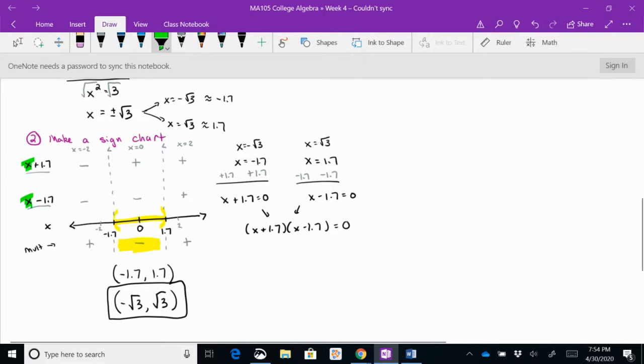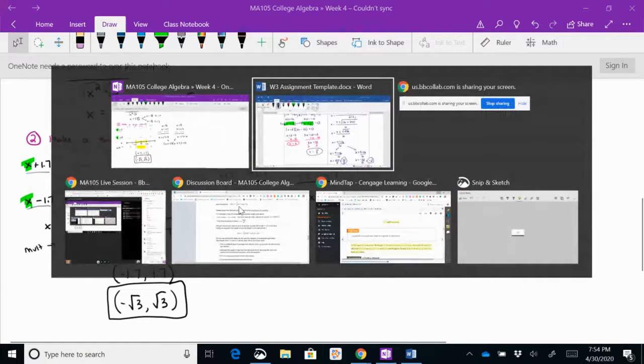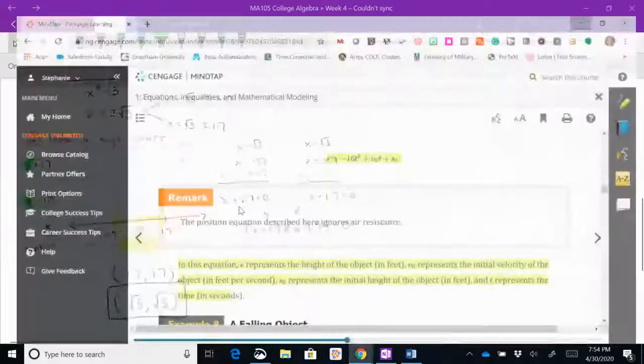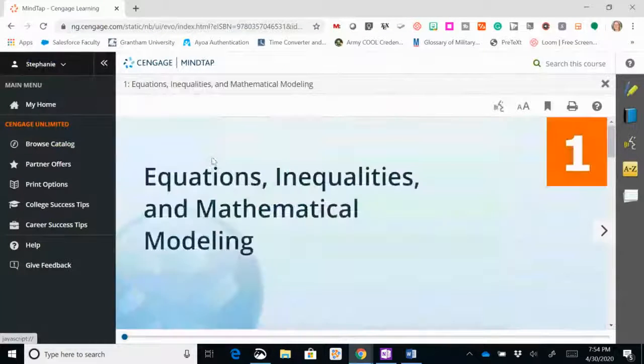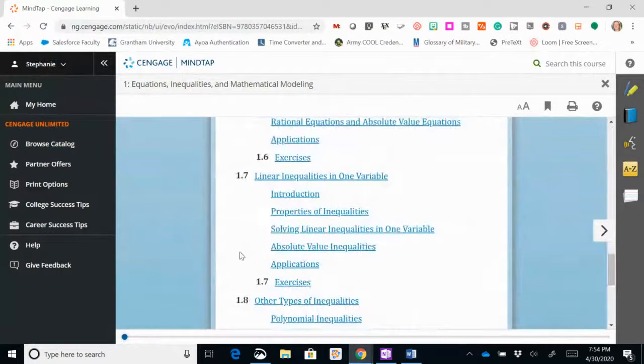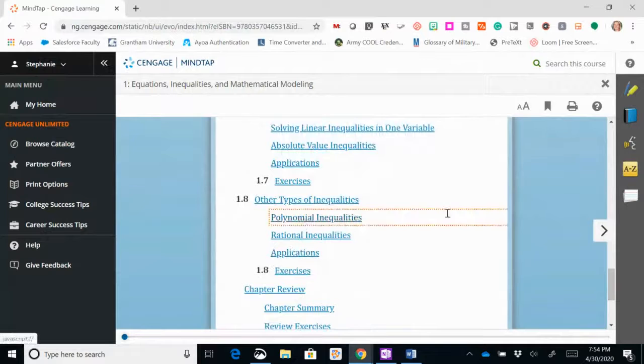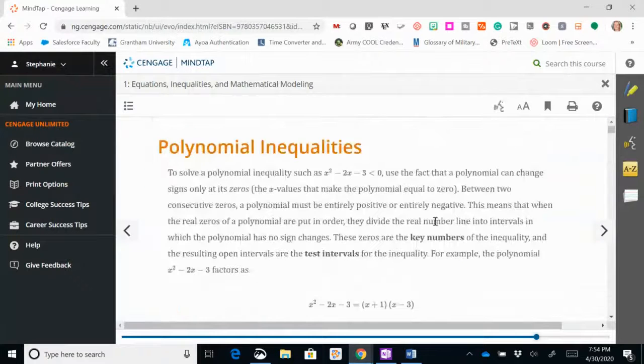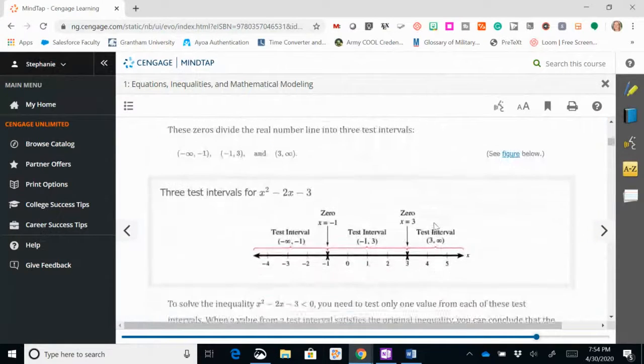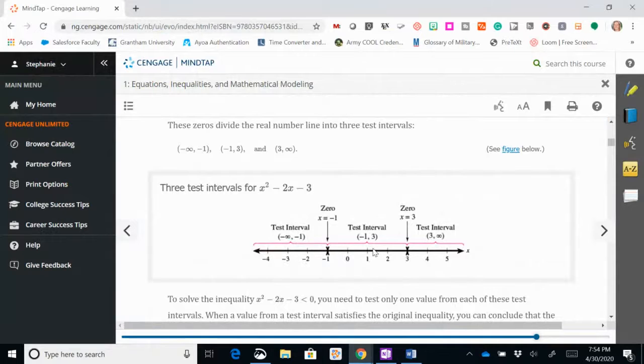Okay, yeah. On the signs, I'm going to bring up the textbook. I don't think the textbook makes that chart. They do a true-false kind of thing, and they're still plugging in numbers.